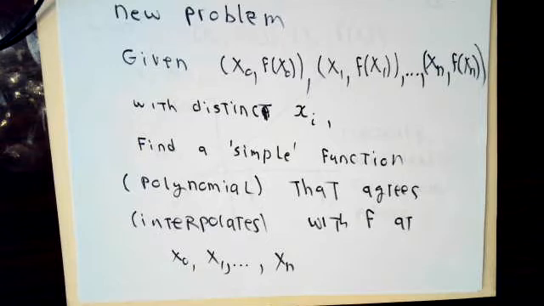I want to find some simple function, and right now by simple I mean easy to think about, easy to deal with, polynomial functions. I want to find a polynomial function that agrees with function f at x0, x1 out to xn at n+1 data points.